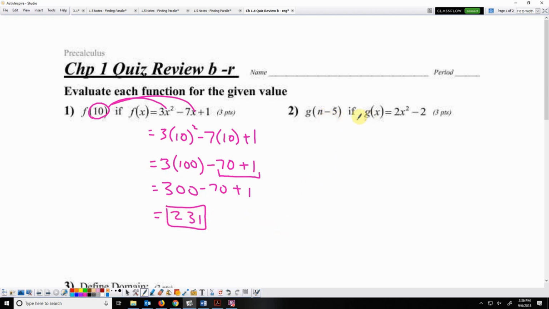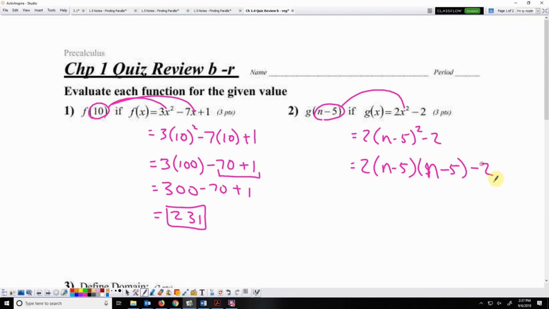Okay, next we're doing g of n minus 5. That means n minus 5 goes in for that x. So that's 2 times n minus 5 squared minus 2. So that n minus 5 squared is n minus 5 times itself. We could do the shortcut, first term squared, which is n squared.